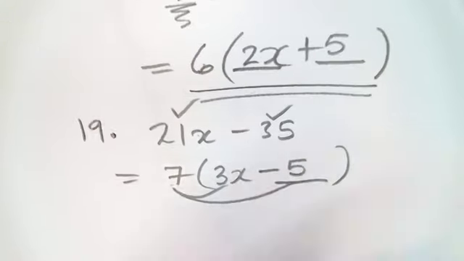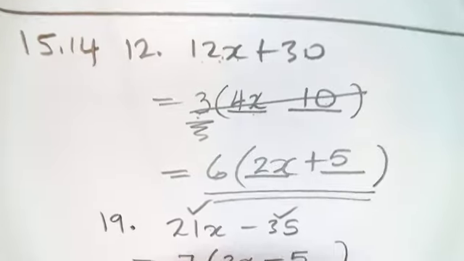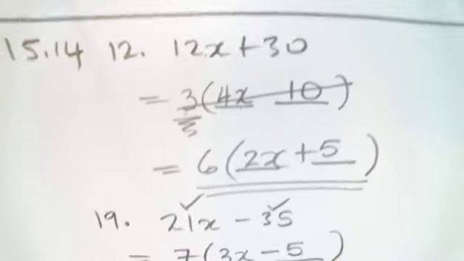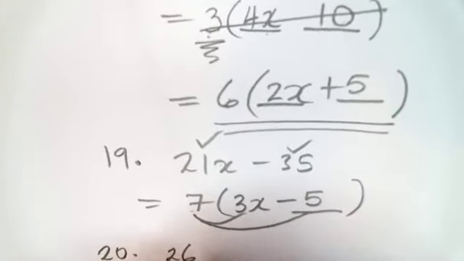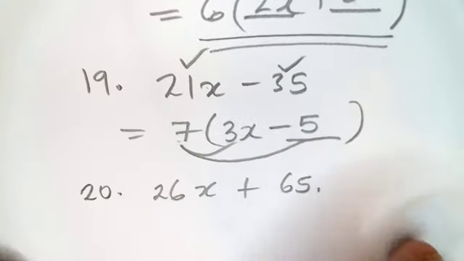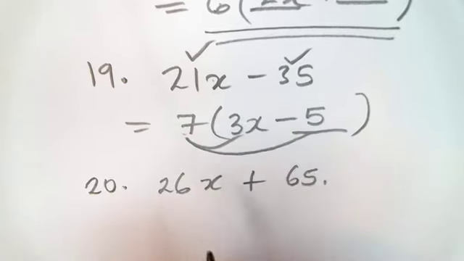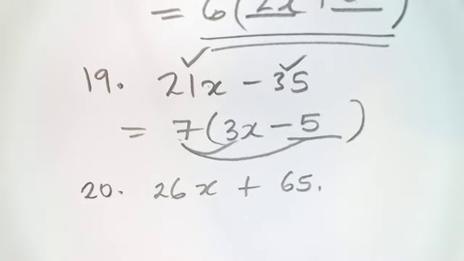Oh, number 20. I like number 20. Here it is. 20 makes me think a little bit. So I've got 26x plus 65. All right, so what is common here? Well, I think 13 is common.